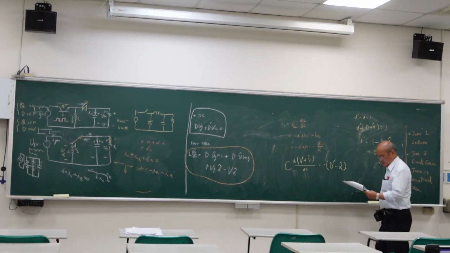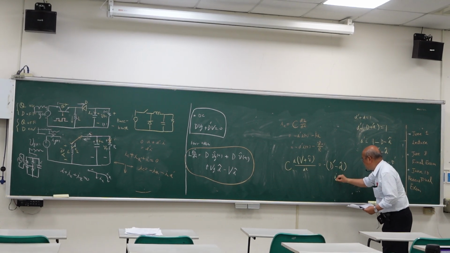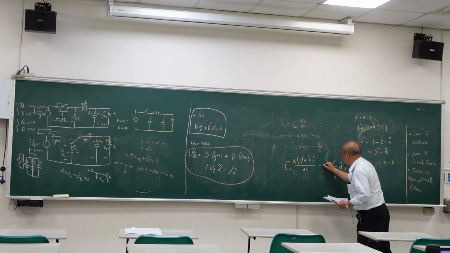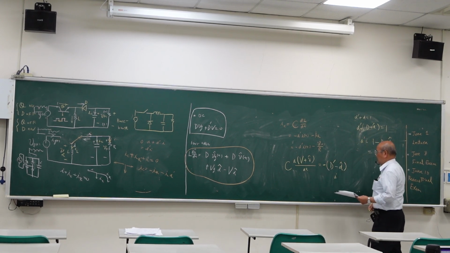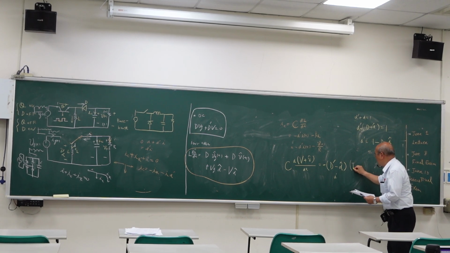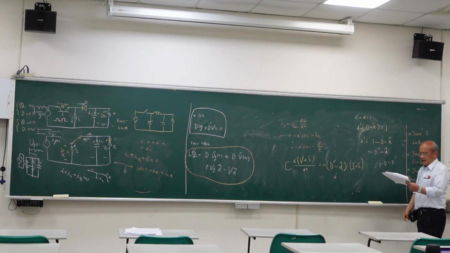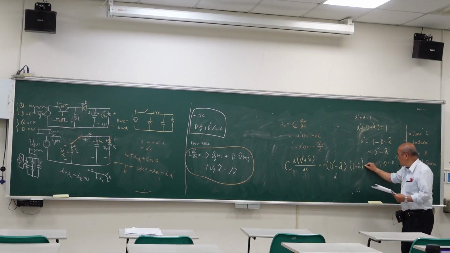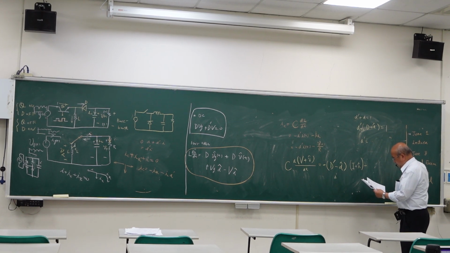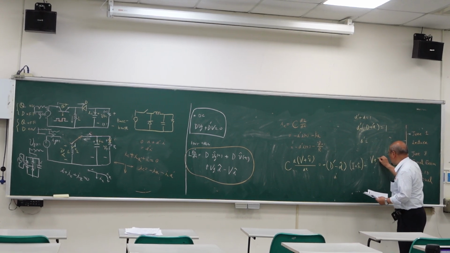So this is D prime, multiplied by what? I. This is minus. Multiplied by I. What is I? I plus I hat. This is I. Minus V over R. What is V? V is V plus V hat.